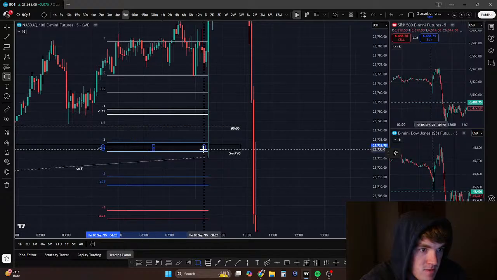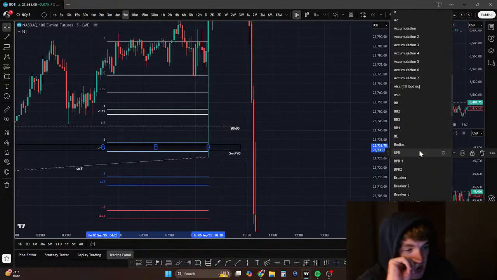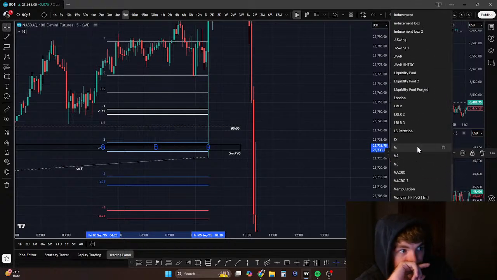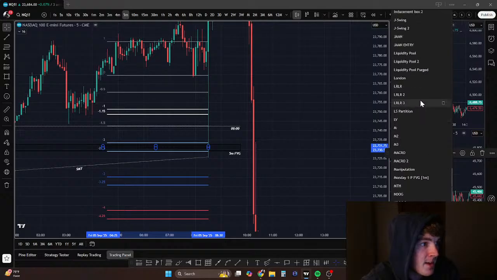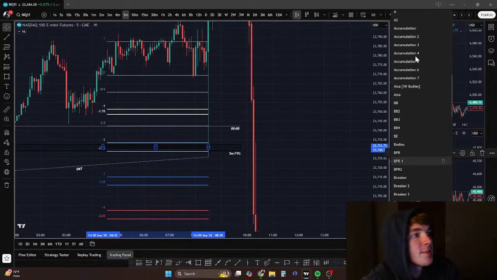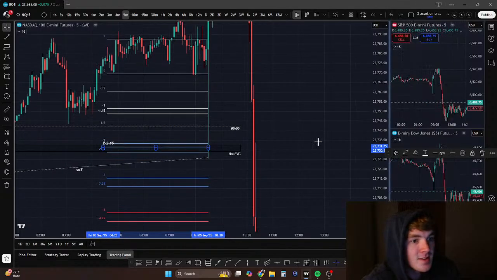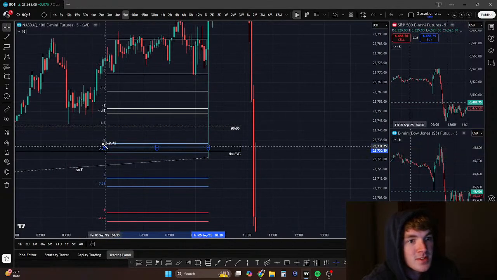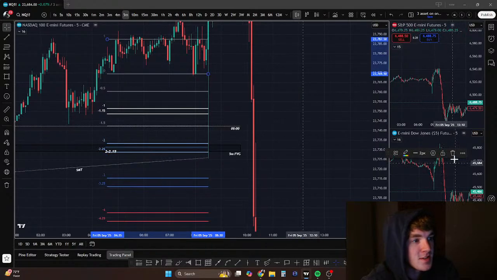So what I'm saying is you take a range projection and use it as an additional confluence for your trade, and you might be like, what is he talking about, dude? This is so stupid. No, bro. Go look. JCap literally uses range projections. He takes range projections all the time.